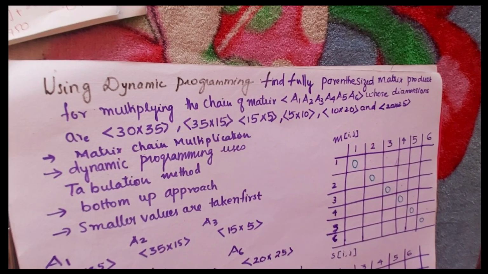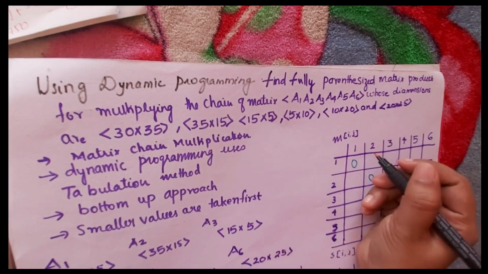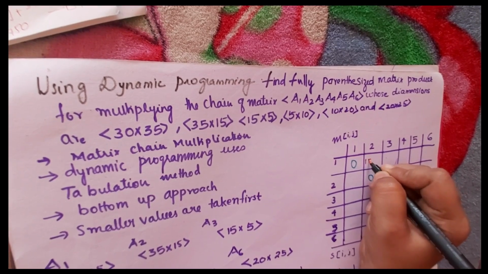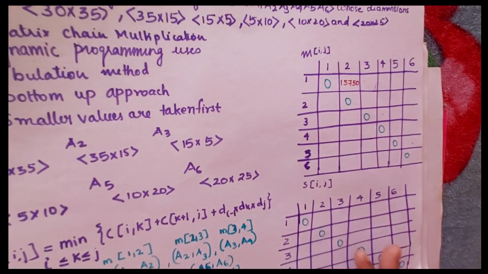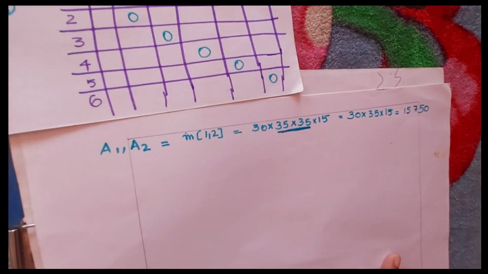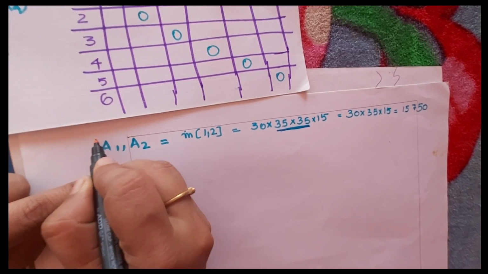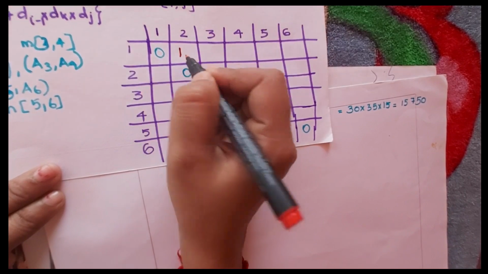Now we write that value into this matrix, that is 15750. Now what should be written in the solution set? From where the split is happening, this is being split, no? So you can write here as 1.